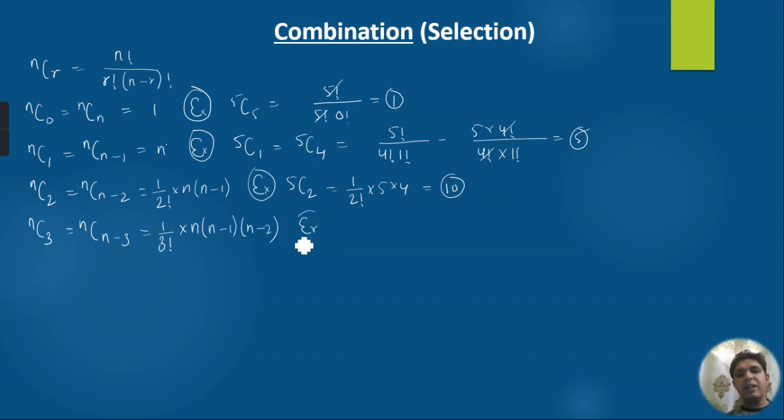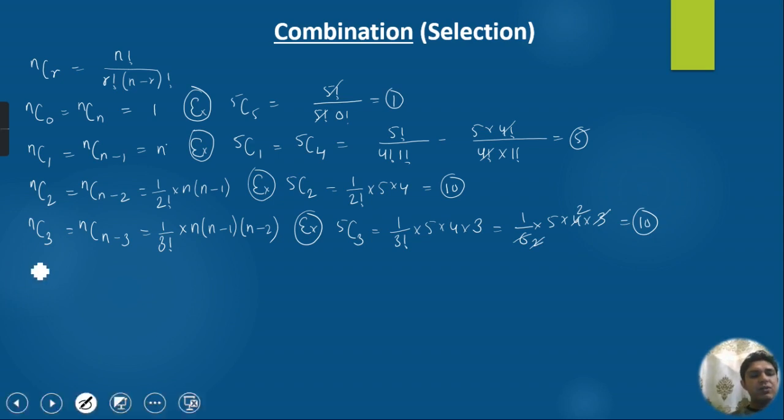For example, if I select 3 things out of 5, I write it as 5C3, and the value is 1 by factorial 3 multiplied by 5 multiplied by 4 multiplied by 3. Students, if we open it, factorial 3 is 6, and 3 twos are 6 and 2 twos are 4, so the answer will be 10.